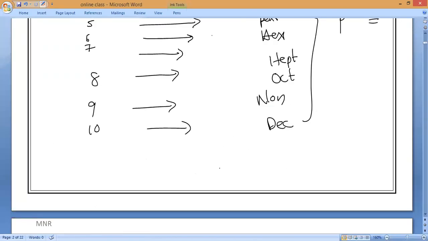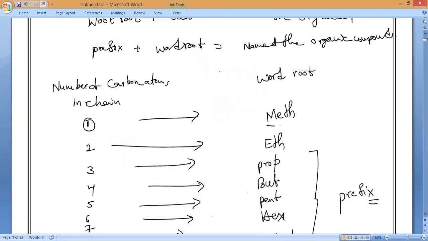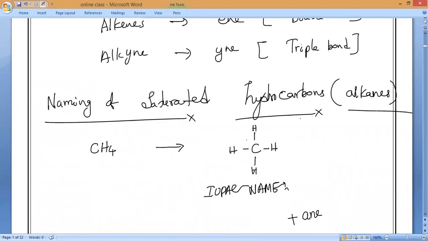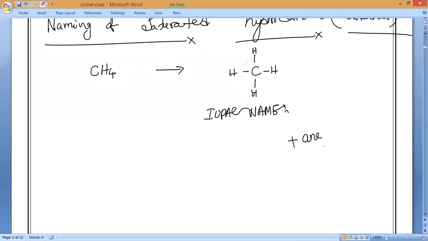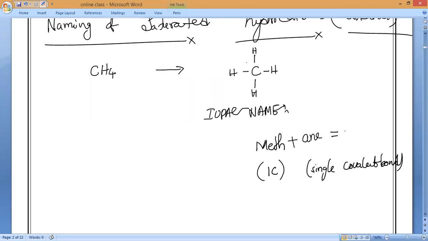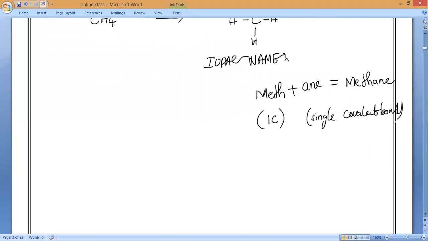And only one carbon is there, which gives the parent name meth. All covalent single bonds, alkane. So it is meth plus ane, methane. That is the IUPAC name.